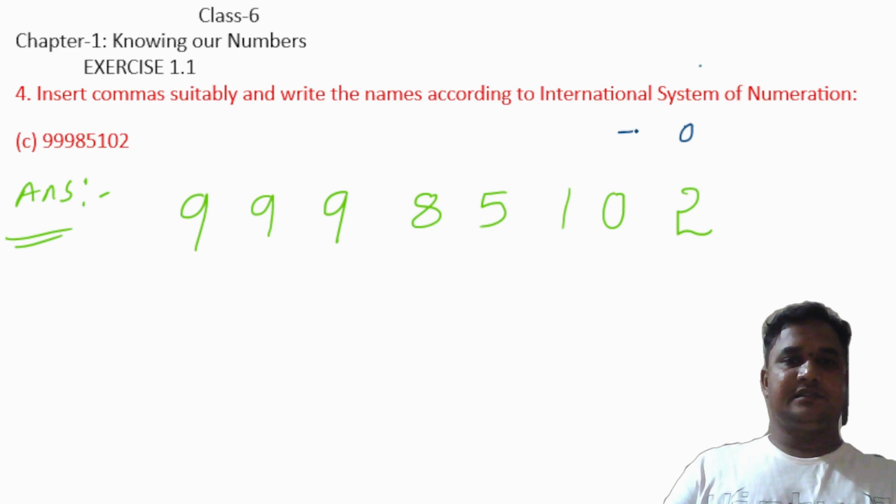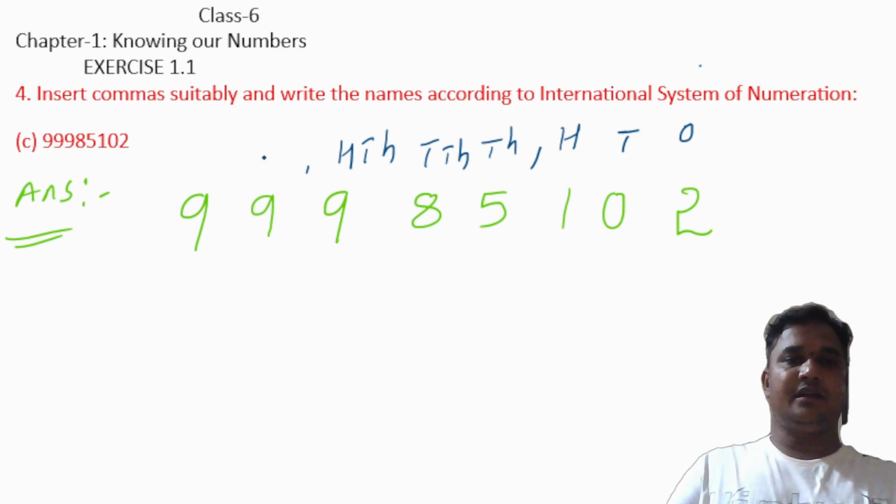Ones, tens, hundreds. Then as we know, commas according to the international system, after every 3 digits we have to place the comma. So here a comma, then 1000, 10,000, 100,000. Then again in the thousands 3 digits are over, so we have to place the comma here. Million, 10 million.